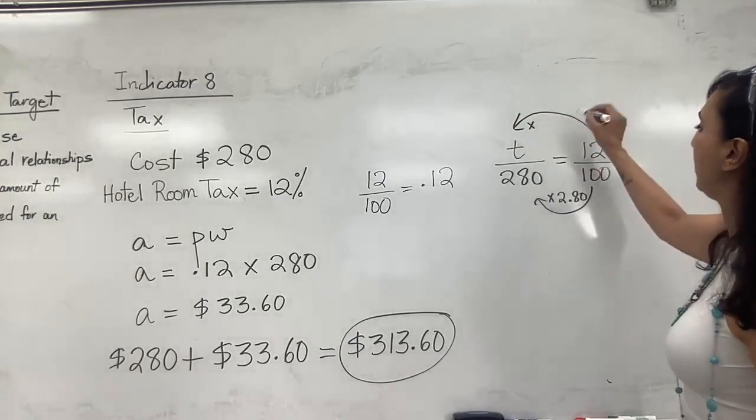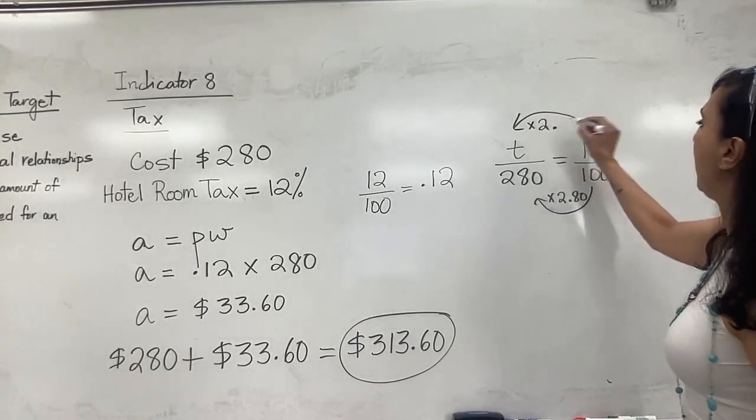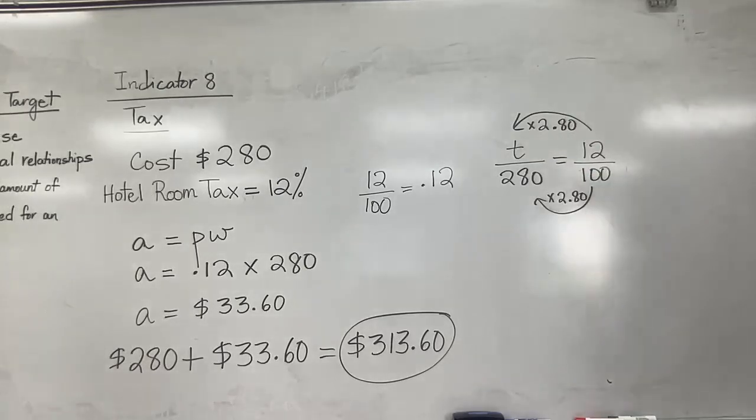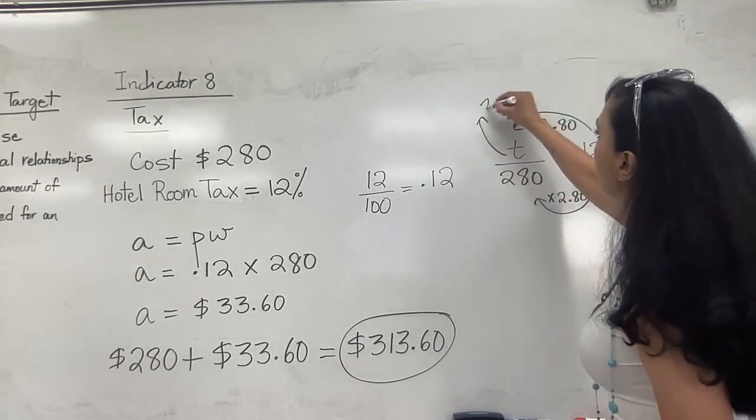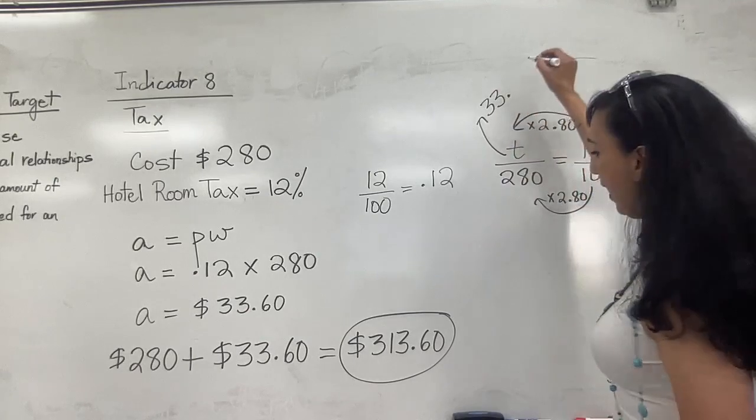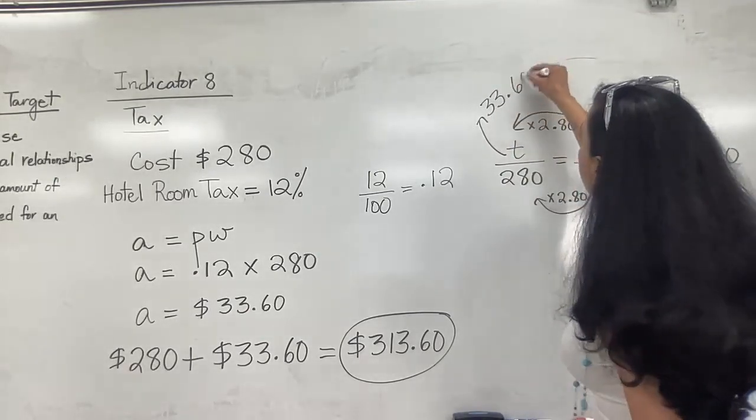So I'm going to multiply by 2.8, basically doing 12 times 2.8, and when I multiply that, I am going to get this answer. This T is going to be 33.60.